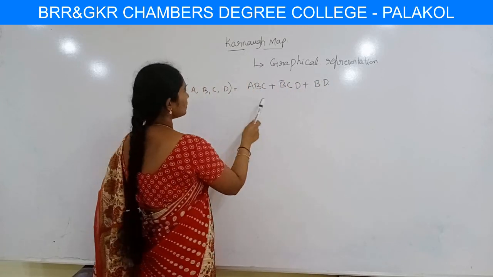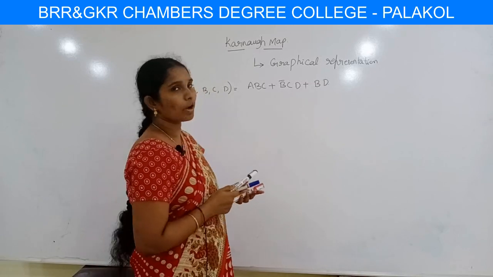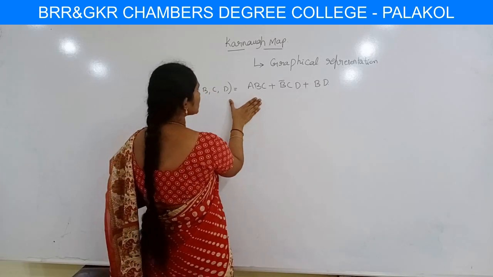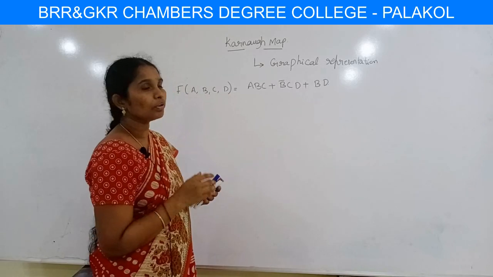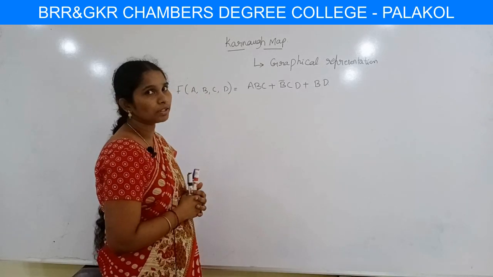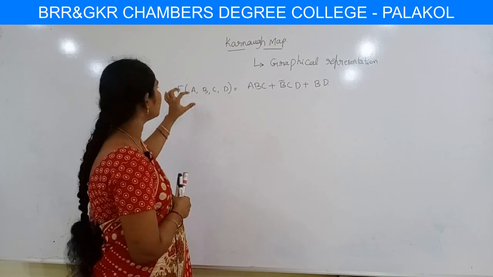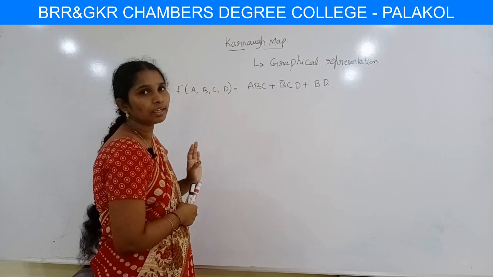You have to simplify this expression by using the K map. First of all, the given expression is a 4 variable K map. How can you know that? Here 1, 2, 3, 4 variables are represented in this question. That's why it is a 4 variable K map.